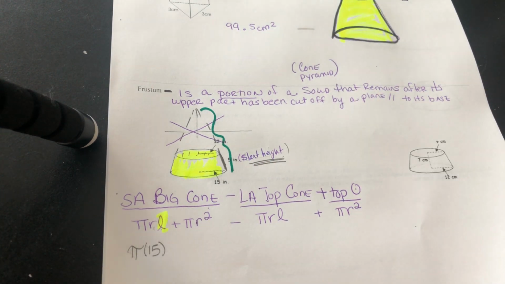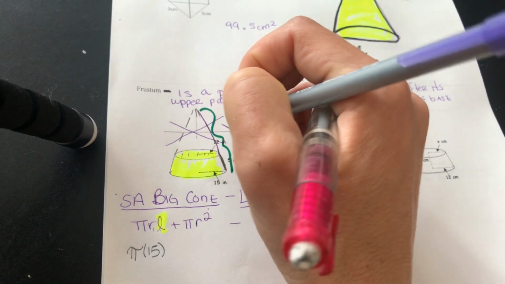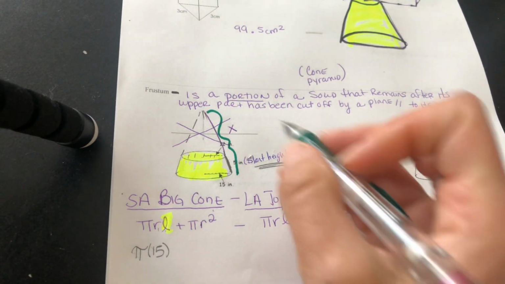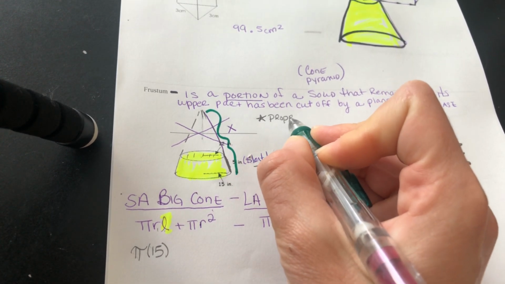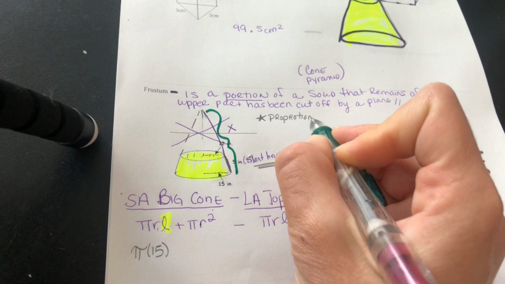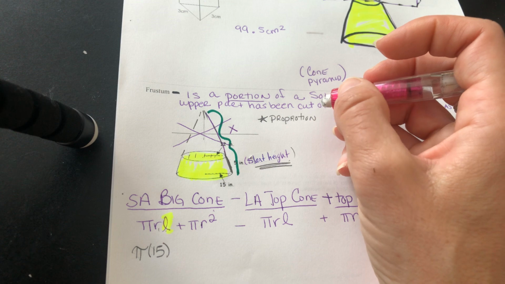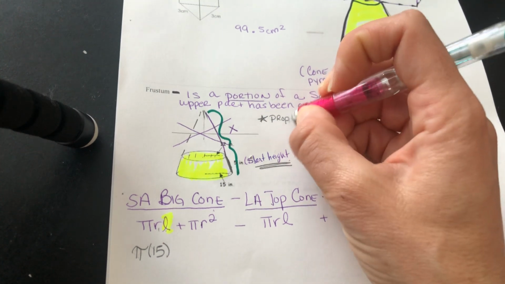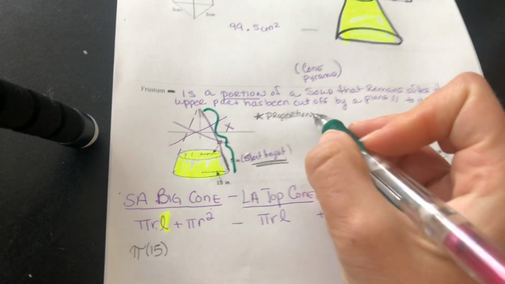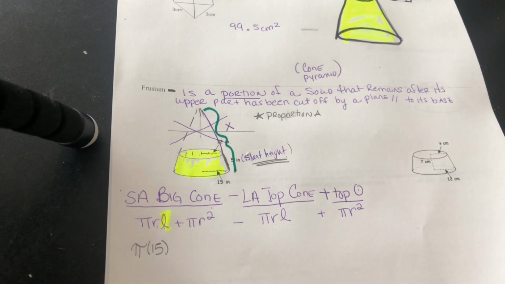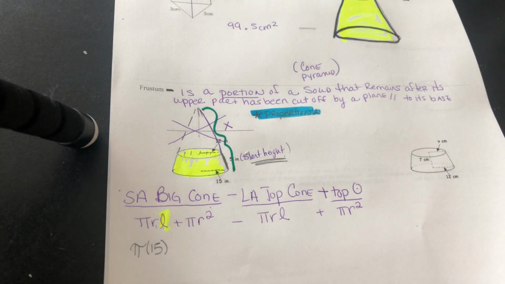So I'm going to make this upper part X. Now I'll star this: you're going to have to set up a proportion. I'm going to highlight that because that's the thing we have to make sure you know how to do, and that would be maybe your hardest thing.